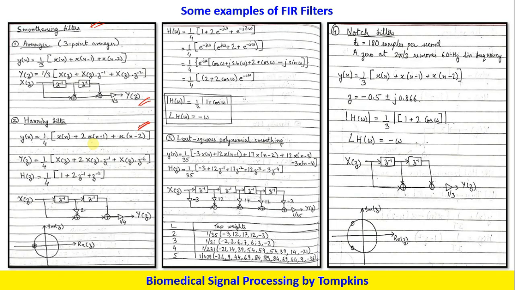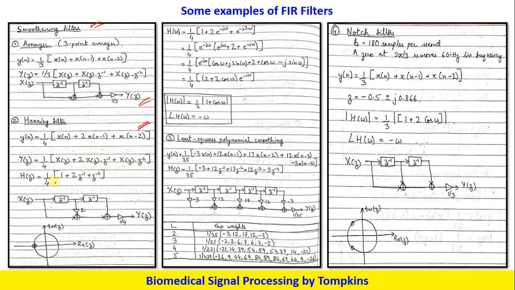Is it a derivative? All are plus. It is a Gaussian averaging filter, with coefficients 1, 2, 1. So it is a Gaussian distribution, so it is a Gaussian filter.